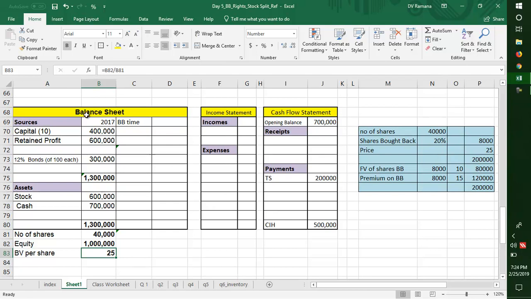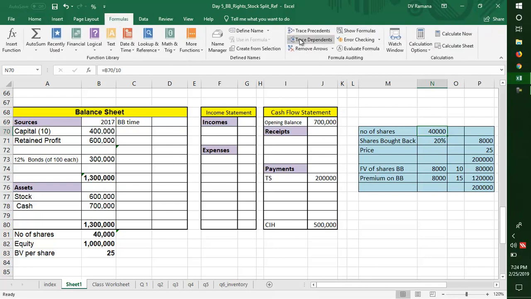Suppose on this date, the company decides to buy back or make a stock repurchase of 20% of its shares. So the number of shares available is 40,000, and shares bought back is 20%, so the number of shares bought back is 8,000.